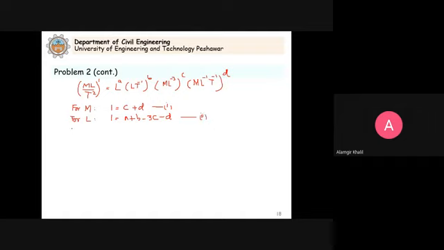And for time T, we have minus 2 on the left-hand side, and on the right-hand side this is minus b minus d.